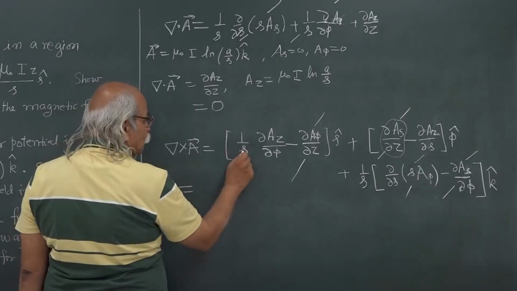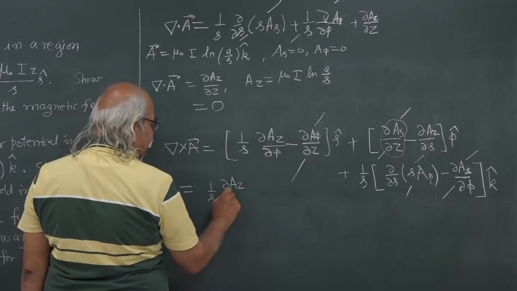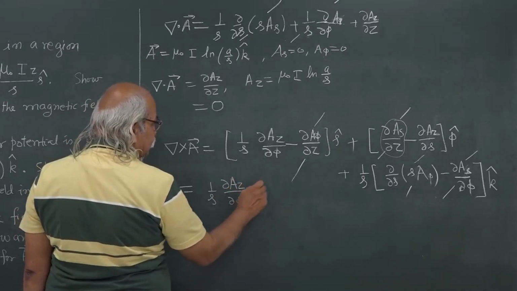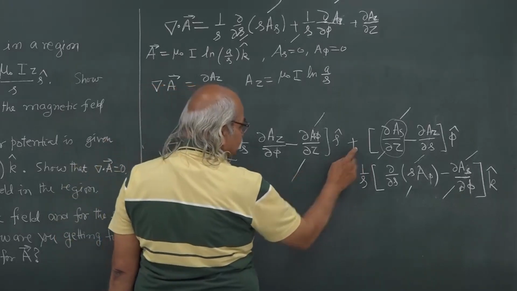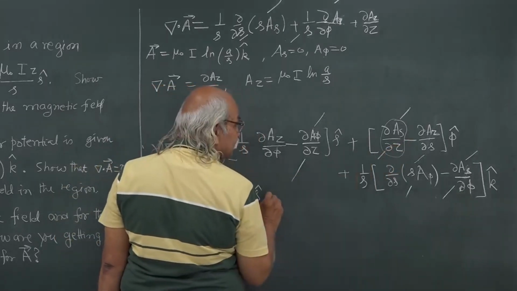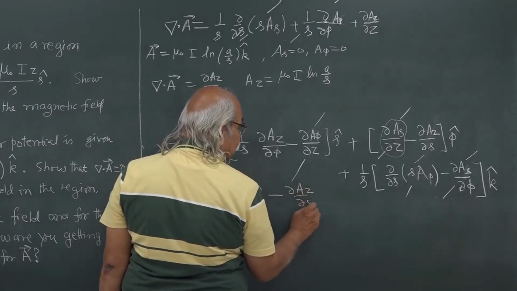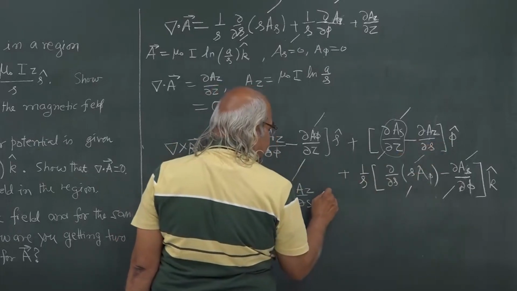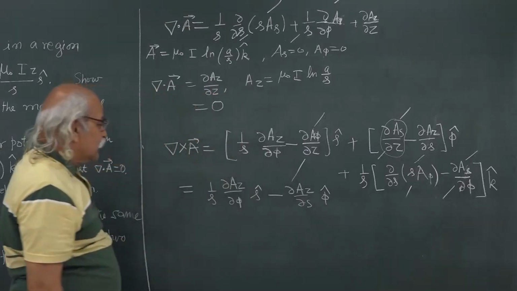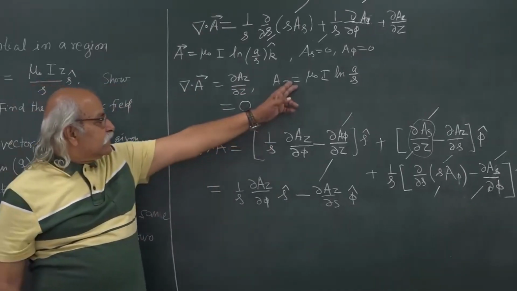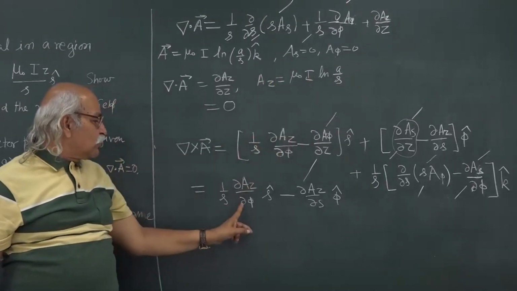It is 1 by S del A_z del phi in the S cap direction, plus, and this is minus, del A_z del S in the phi cap direction, and the other terms are 0. Now, A_z depends on S, A_z does not depend on phi.